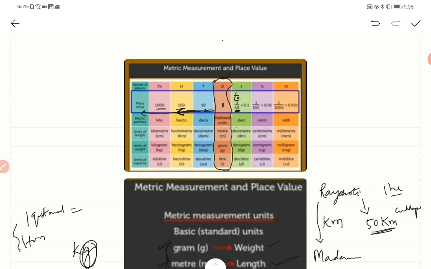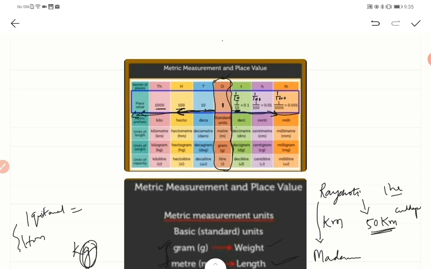Again it is divided by 1 by 10 into 10, that is 100, and 100 into 10, it is 1,000. So in this way, from the standard unit to the right side it is dividing by 10, and here it is multiplying by 10.